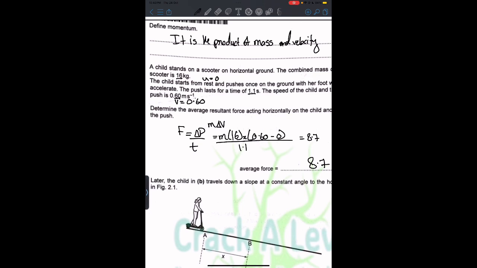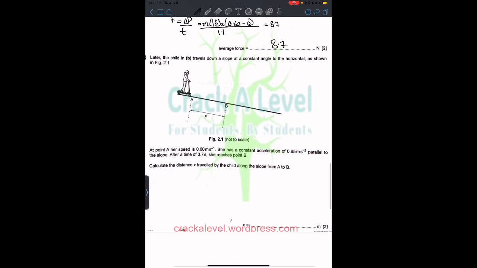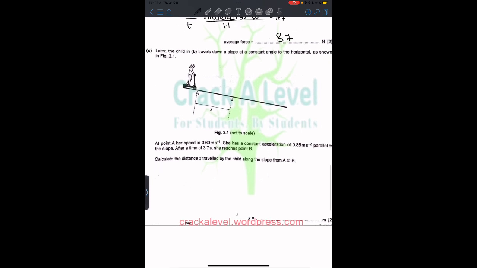It says later the child travels down a slope at a constant angle to the horizontal, as shown. At point A, her speed is 0.6 meters per second and she has a constant acceleration.